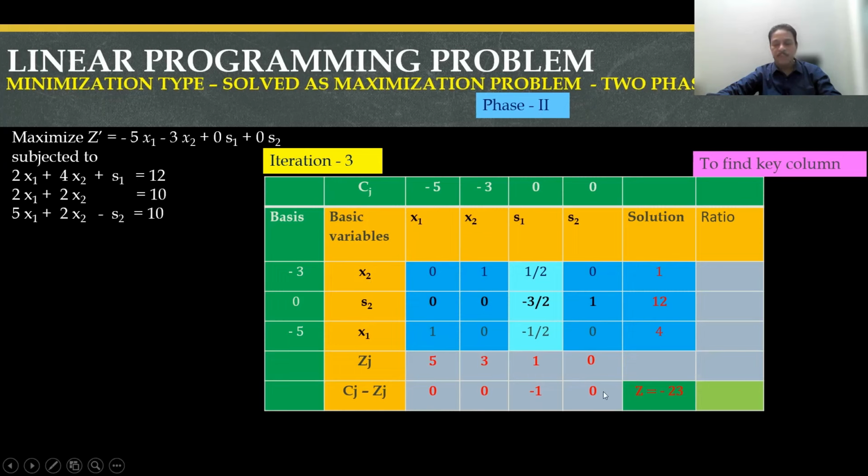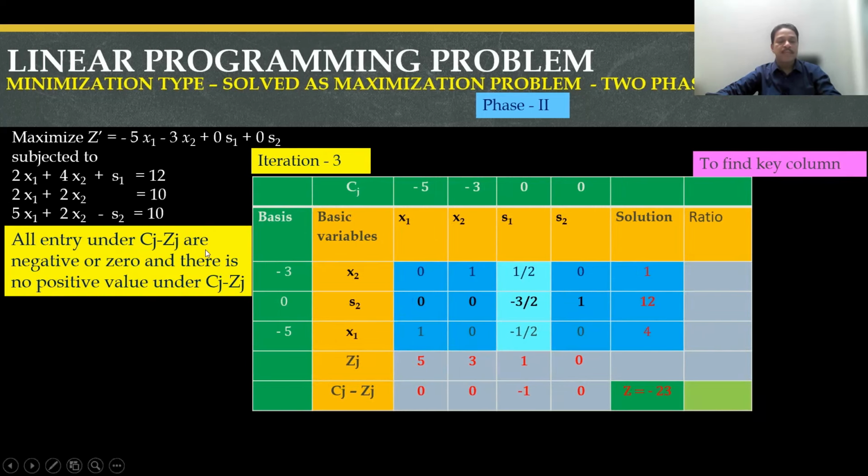And since s2 is also equal to 0 in the Cj minus Zj row, s2 should also be in the basic. So s2 is also in the basic. And only S1 is left, which is not in the basic, which can enter the solution. But as S1 is equal to minus 1, and we are solving a maximization problem, S1 cannot enter the solution.